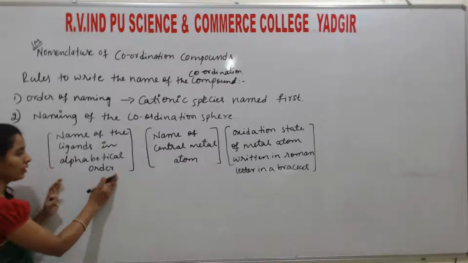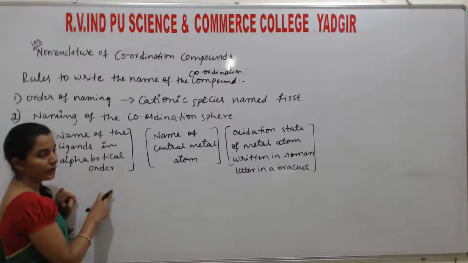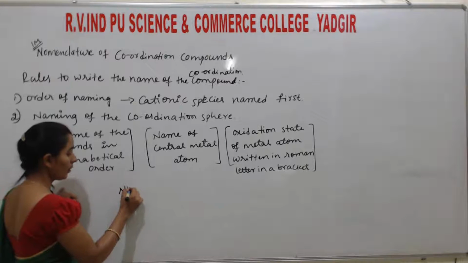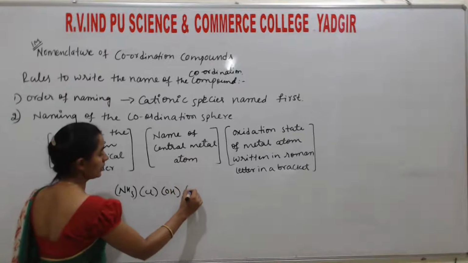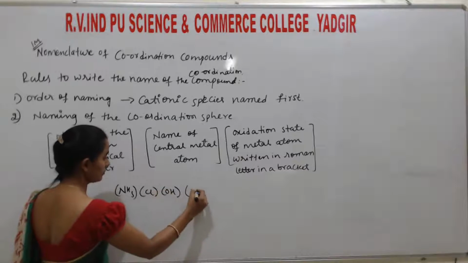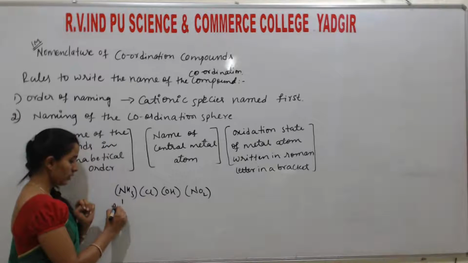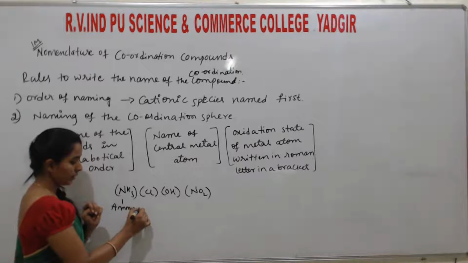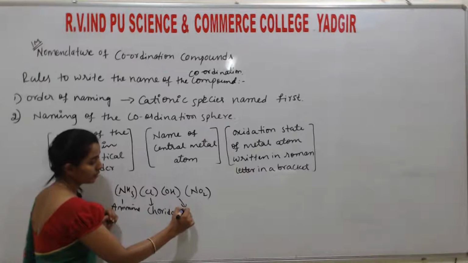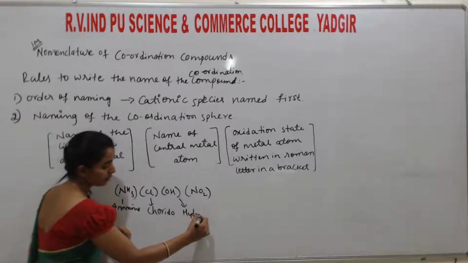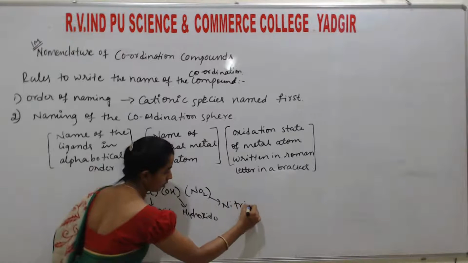First, we have to name the respective ligands with respect to the alphabetical order. For example, amine is there, Cl is there, OH is there, and NO2 is there. So here, this is amine, this is chloro, this is hydroxo, and this one is nitro.